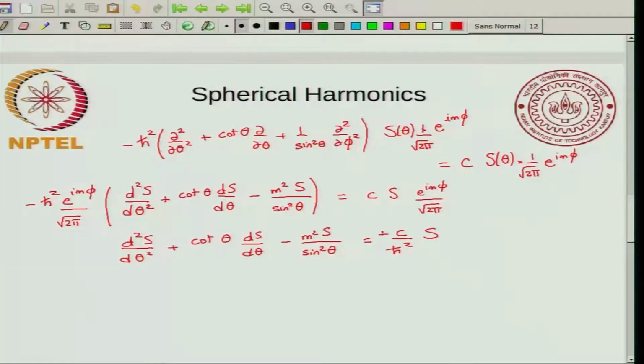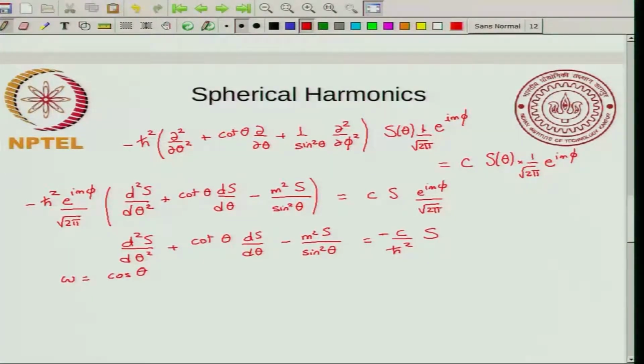And what we will do is make a change of variables. We see the sine square theta appearing here and a cotangent theta appearing here, and we want an algebraic equation without all these sines and cosines. So we change the variable: you put w equal to cosine theta.